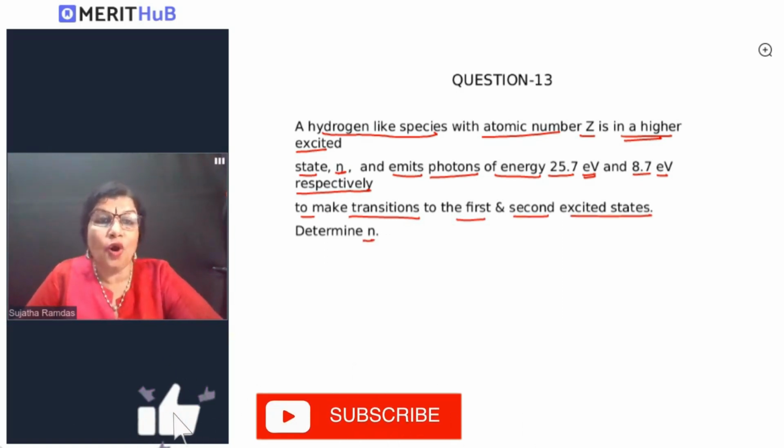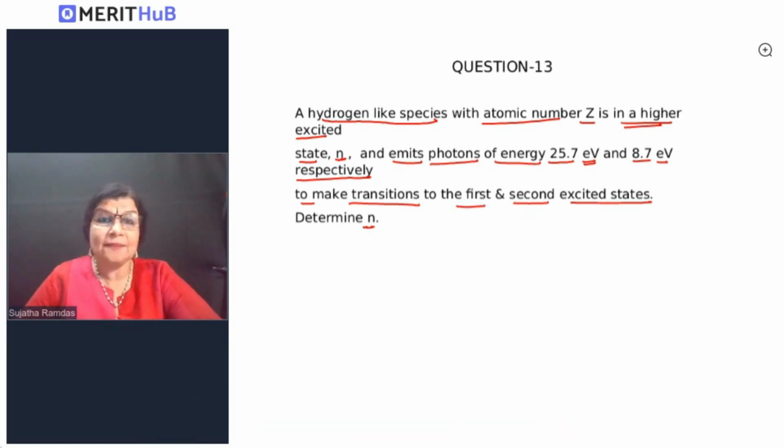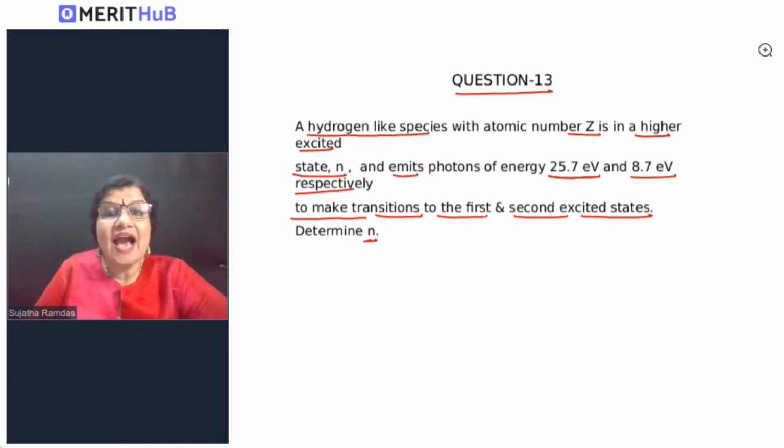Determine the value of N. What is N? N is a higher excited state, higher than the first and the second excited states. So we have to ponder over many data given in the question. Hydrogen-like species contain one electron like hydrogen atom.